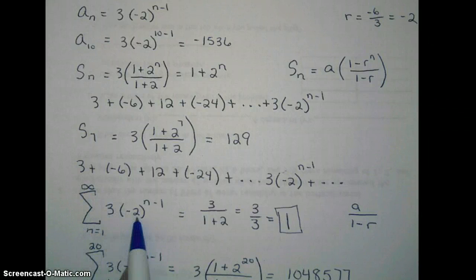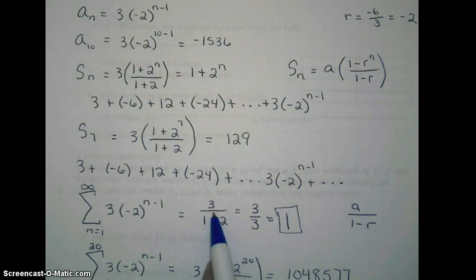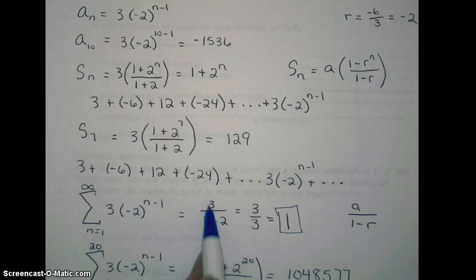Here's our rule. We use the formula right here, a divided by 1 minus r, for an infinite geometric series. So a is our first term, which is 3, over 1 minus -2, which is 1 plus 2, which gives us 3 over 3. So the sum of this infinite series is 1.